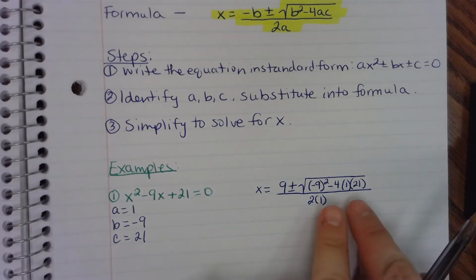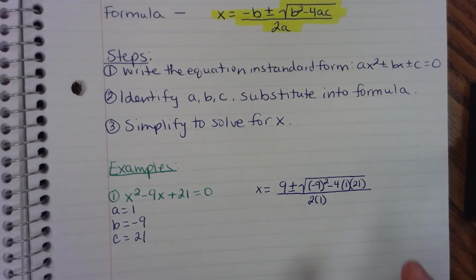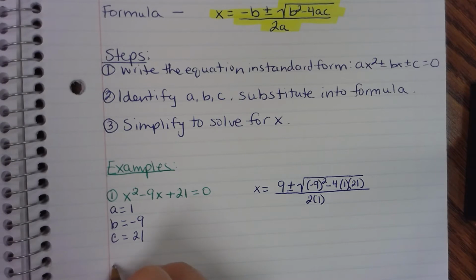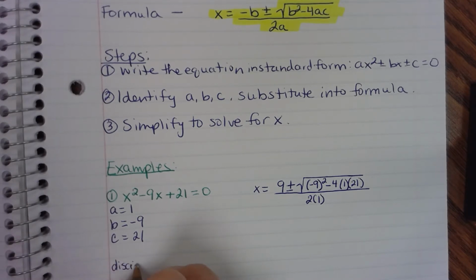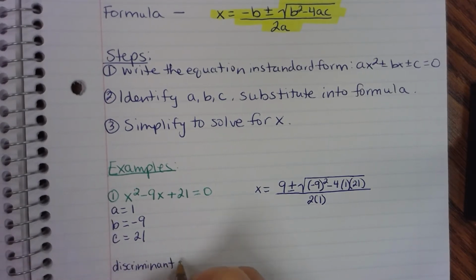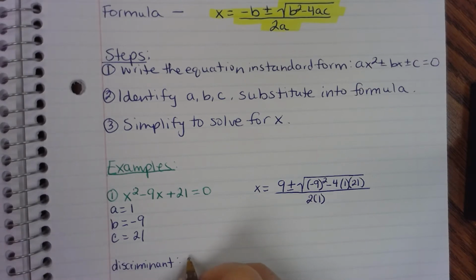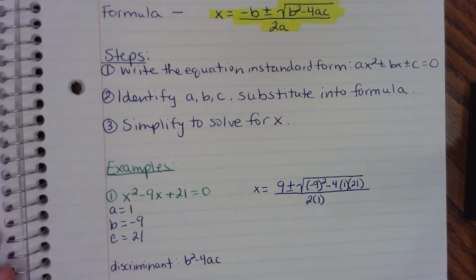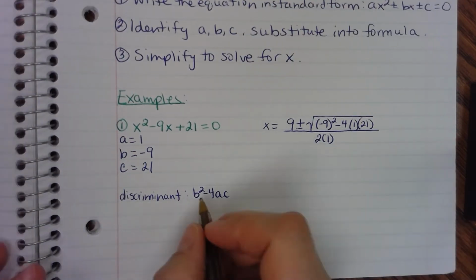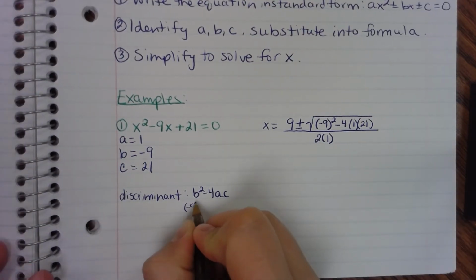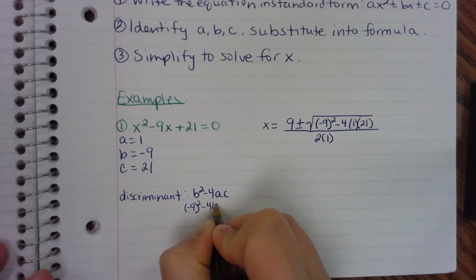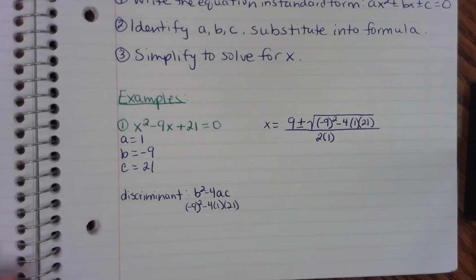Okay, let's just take a look at our discriminant here. In this case, remember that that's b squared minus 4ac. Our discriminant is going to give us some information. So negative 9 squared minus 4 times 1 times 21.